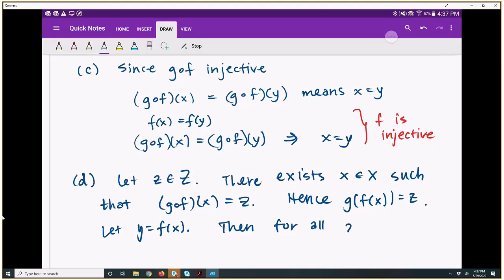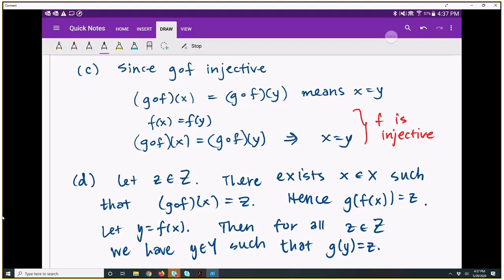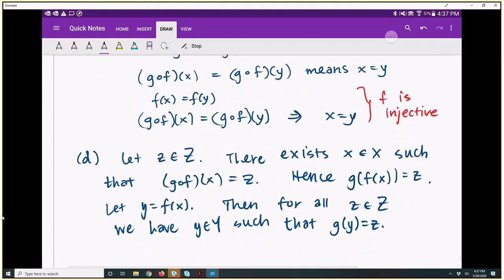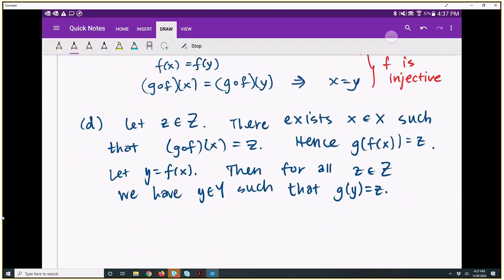Then for all z in capital Z, we have a y in Y such that g of y equals little z. So what did we determine? We determined that g is surjective.